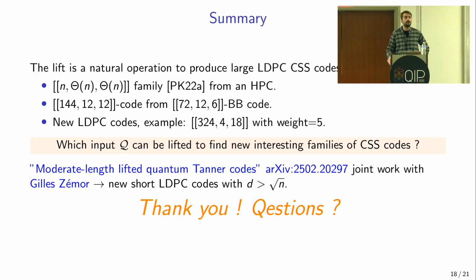Hi, thanks for a nice talk. I'm wondering whether your construction has anything to say about the resulting codes having some other nice properties other than good coding rates, maybe like they support some transversal gate operations or other things you can infer.